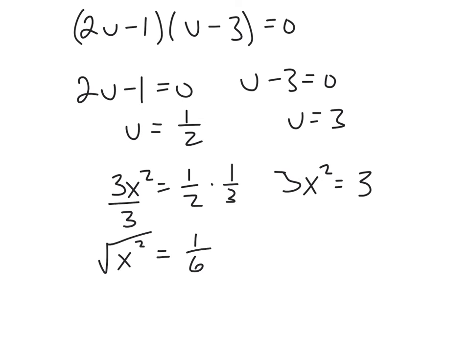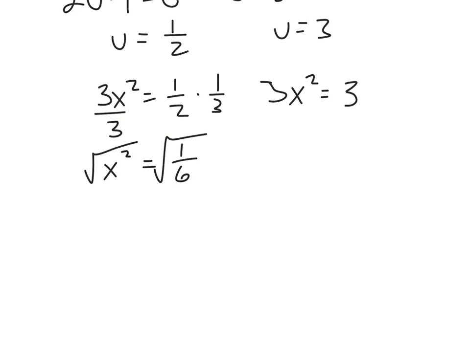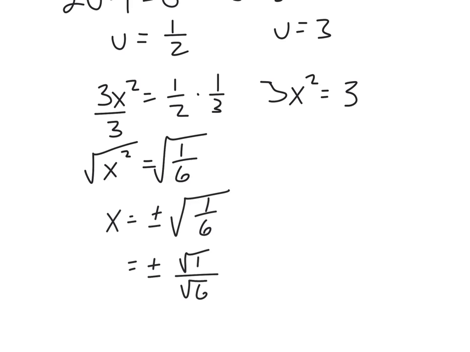Take the square root of both sides. And now we have x is equal to plus and minus the square root of 1/6, which we're not allowed to have. So we need to go in here and rationalize, right? So this turns into plus and minus the square root of 1 over the square root of 6.